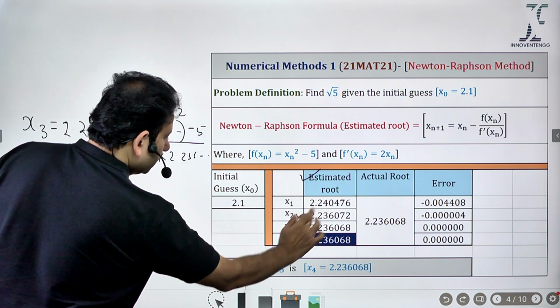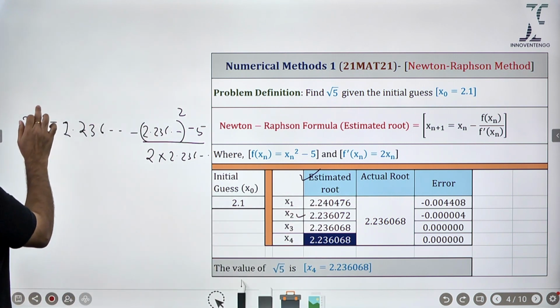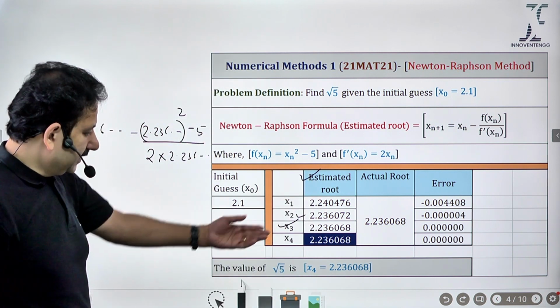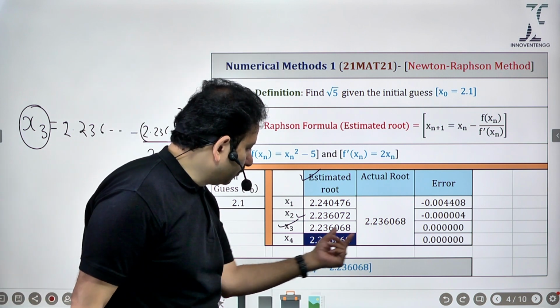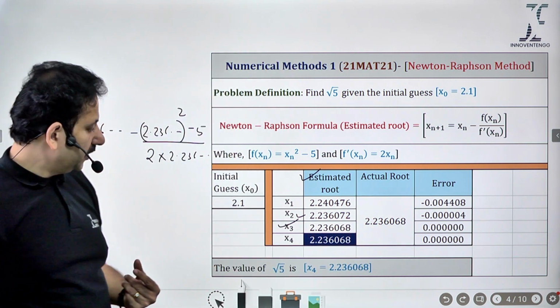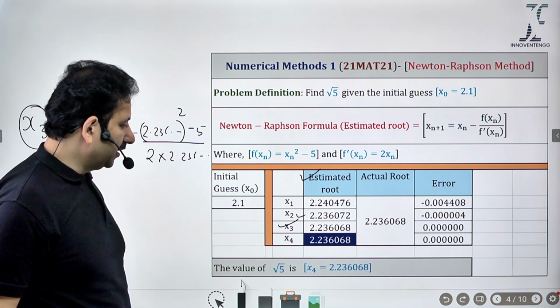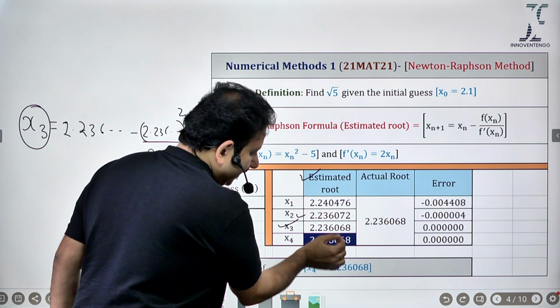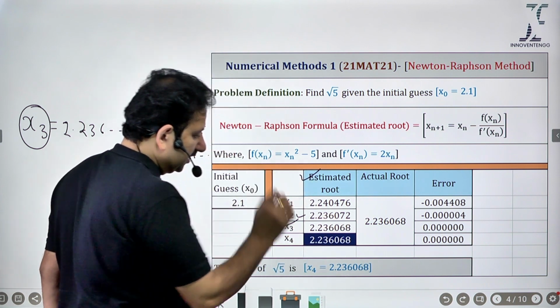I am substituting this, so that will give me my x3, that is the third estimated root. Here itself you can halt because this is almost very close to your root, but we have carried out one more iteration and that will not give you any appreciable change.